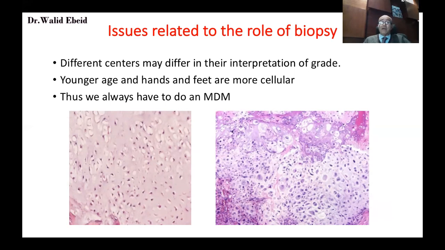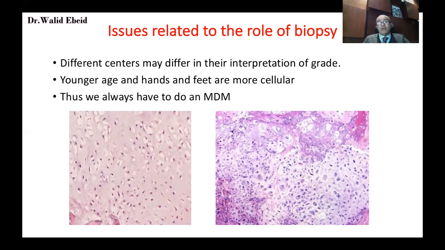Because if you don't mention that this is from the hand and feet, the pathologist may interpret a very cellular tumor as a higher grade of chondrosarcoma, a higher grade of cartilage tumor, whereas if you tell him that it's coming from the hand, this high cellularity may be accepted for a more benign lesion.